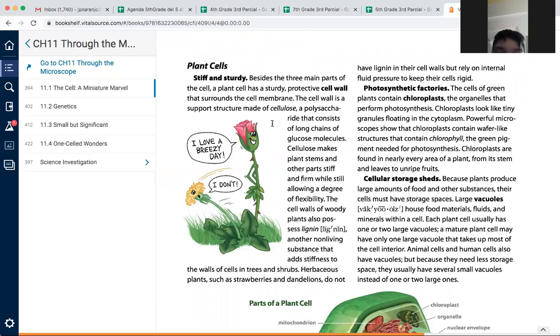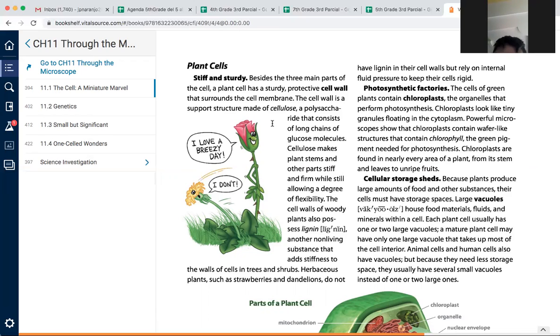Plant cells: stiff and sturdy. Besides the three main parts of the cell, a plant cell has a sturdy protective cell wall that surrounds the cell membrane. The cell wall is a support structure made of cellulose, a polysaccharide that consists of a long chain of glucose molecules. Cellulose makes plant stems and other parts stiff and firm while still allowing a degree of flexibility.